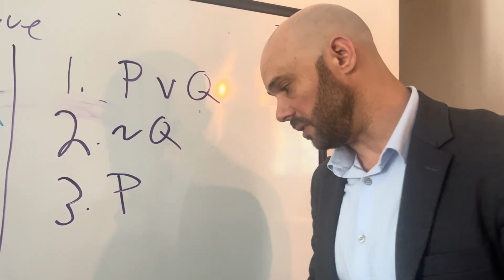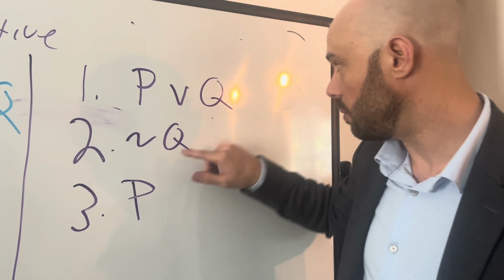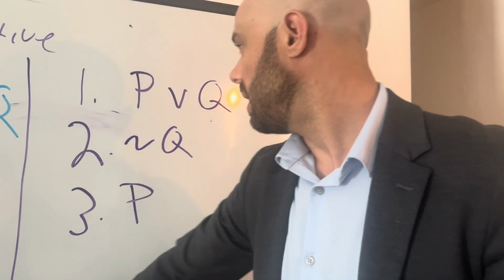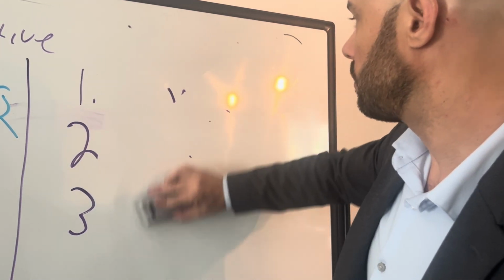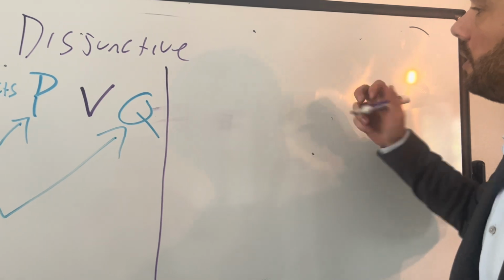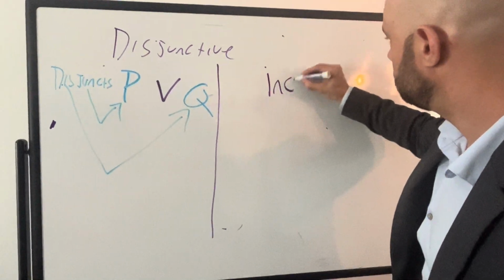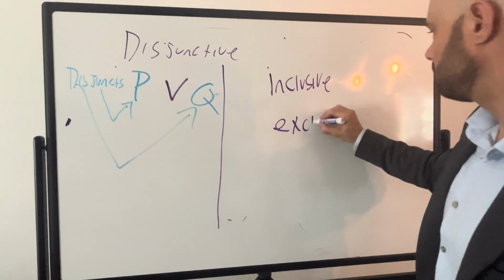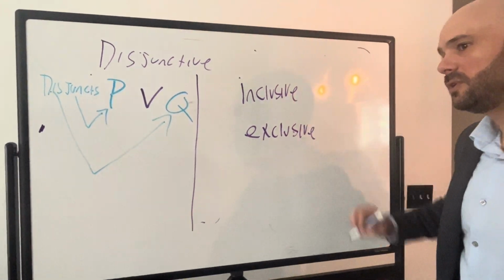There's another reason we have to negate one of the disjuncts here, besides what I just said, and that's because there's two uses of the word or. There's an inclusive and an exclusive use of the word or.